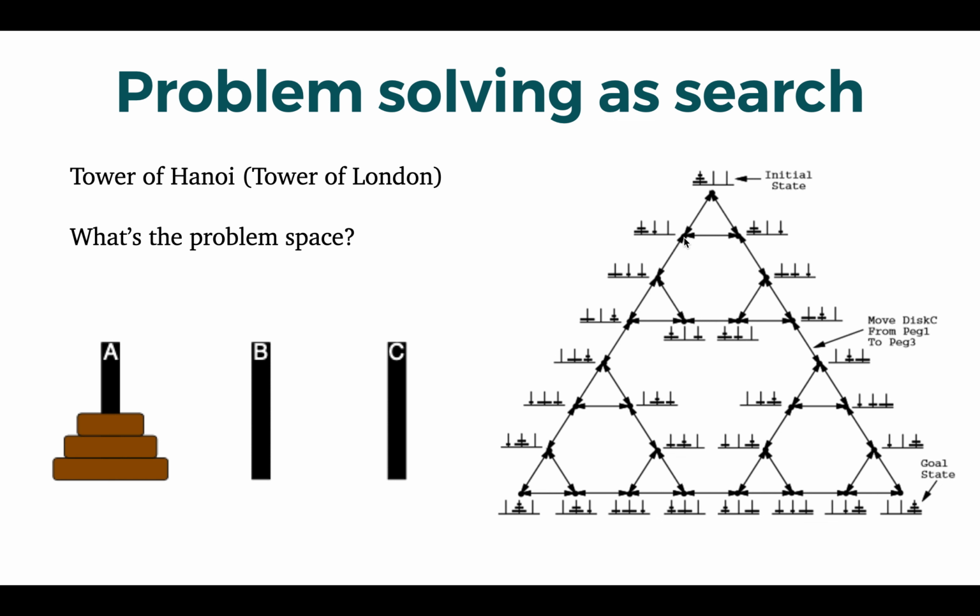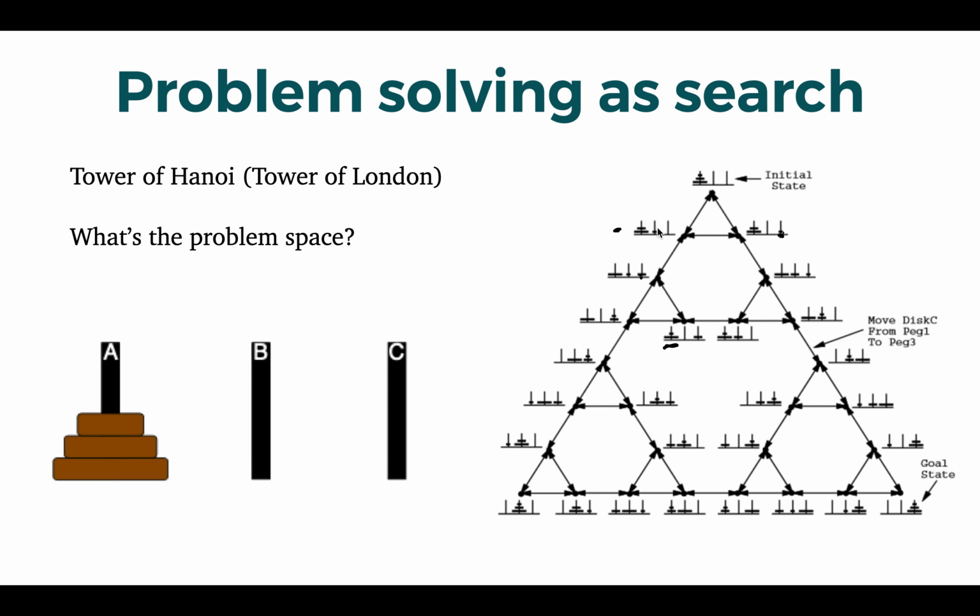From these two possibilities, you can now, like, oh, I need my pen. Okay, so from here, I can move the small disc over to this peg. I can do something like move the medium disc over to this peg. That's pretty much all I can do from there. From here, I can move the small disc back over here.